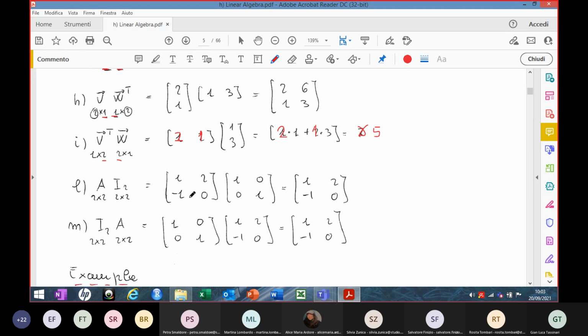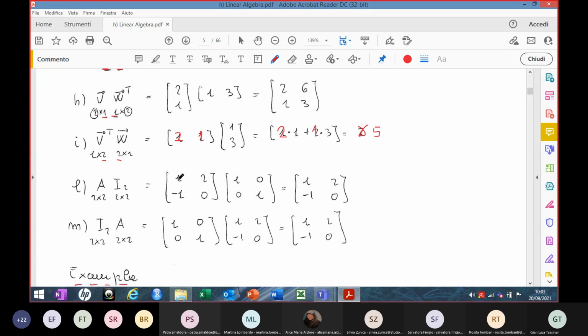So I copied A, I wrote the identity matrix of order 2. Now do the product. First row times the first column. 1 times 1 is 1, plus 2 times 0, so 1. You see here I avoided reporting all the steps. Now you have to do this row times this column. 1 times 0 is 0, plus 2 times 1 is 2. So 2.